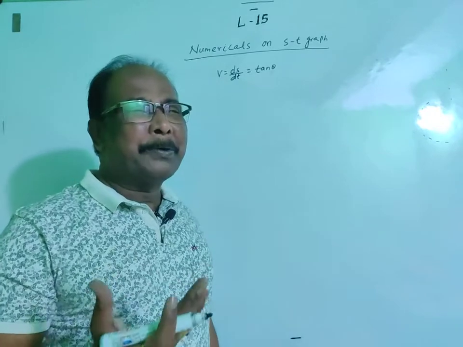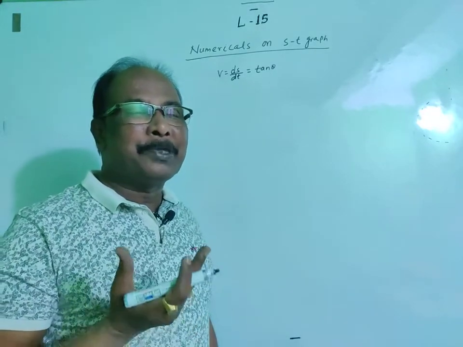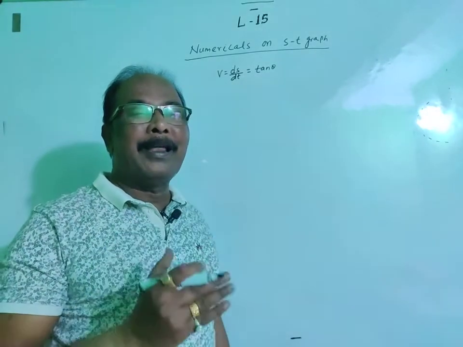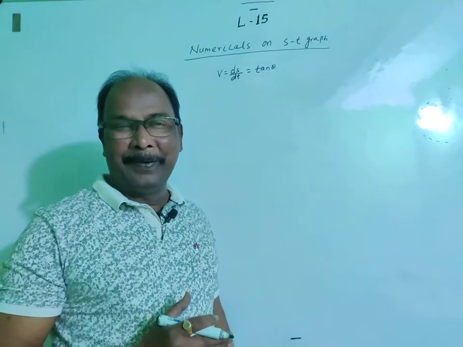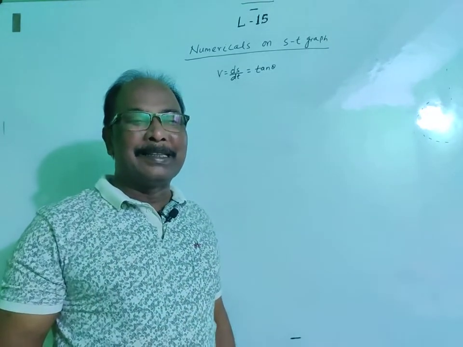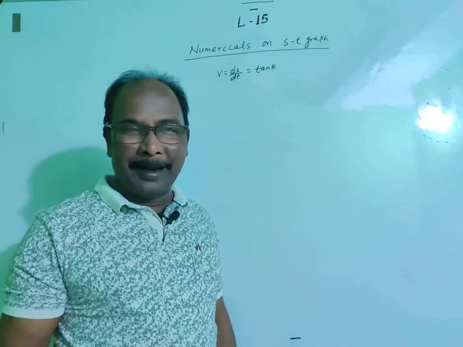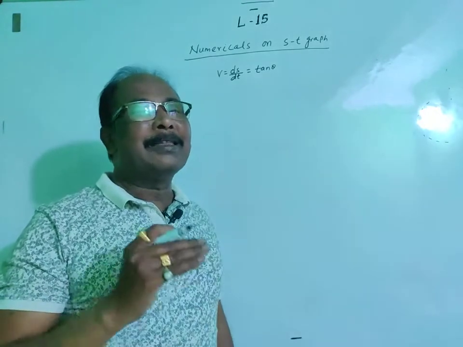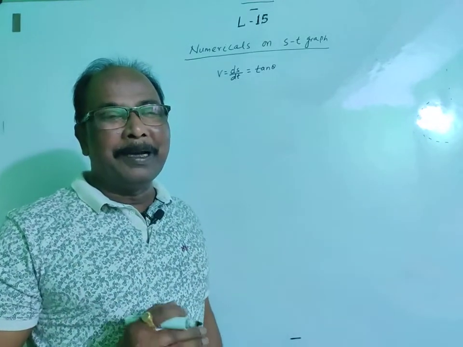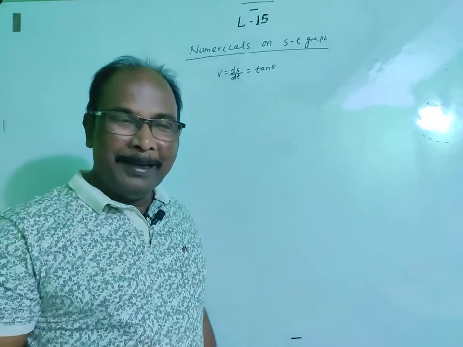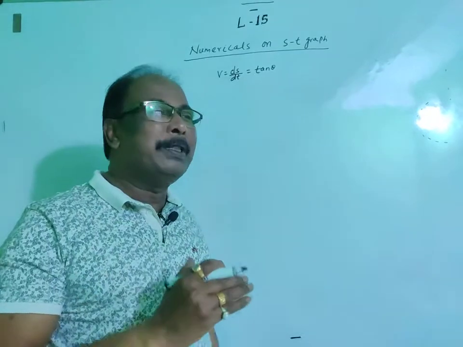Of course, we can discuss the same theory for the distance time graph. But the basic difference is that displacement is a vector and distance is a scalar. So distance can never be negative, but displacement can be negative.